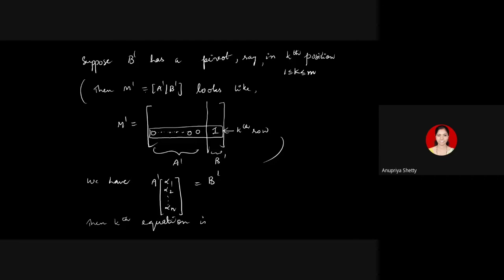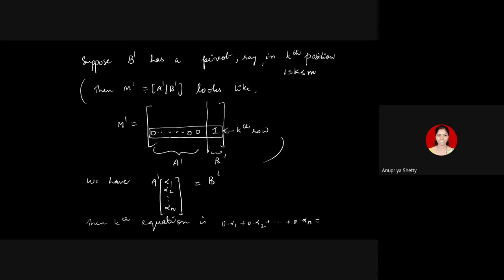So when I consider that kth row of A dash and multiply with this column, I would get 0 into alpha 1 plus 0 into alpha 2, etc., plus 0 into alpha n is equal to what? Is equal to the kth entry of B dash. What is the kth entry of B dash here? It is 1. Remember, I am multiplying the kth row of A dash with the column alpha 1, alpha 2, alpha n.